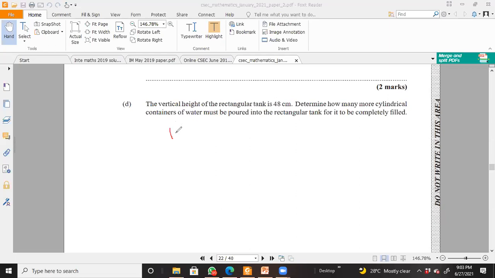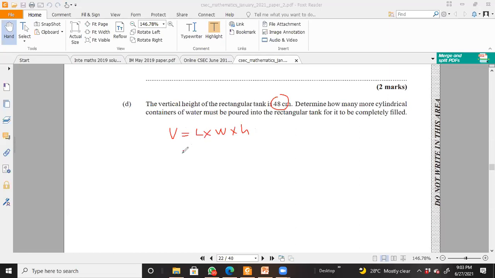The volume of the container is going to be the length times the width times the height. We are going to get a new volume because if the height of the tank is up to 48, it means the volume would have been different. So we have to find a new volume here.